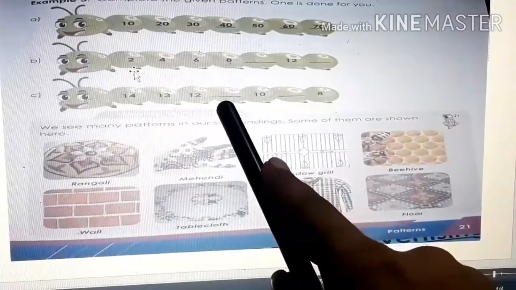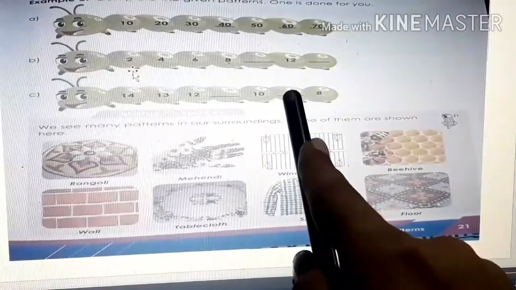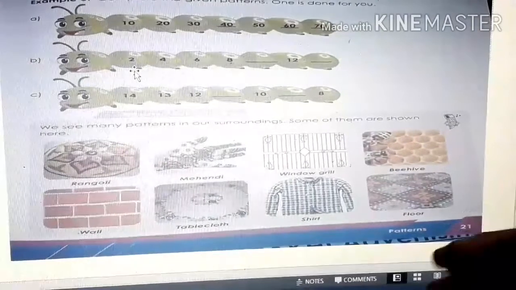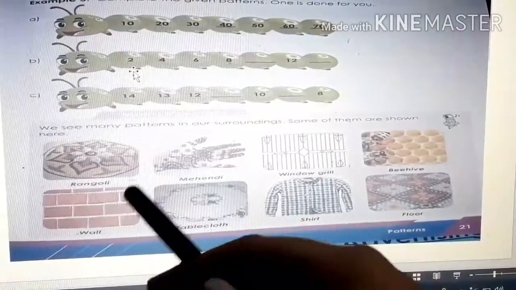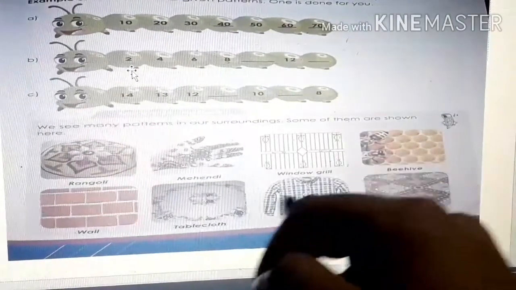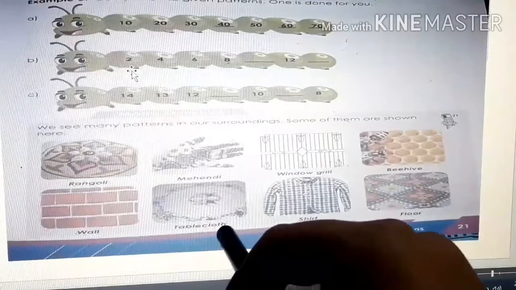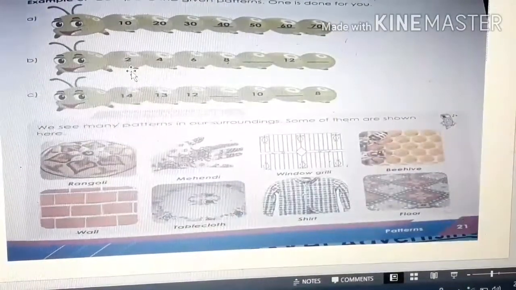So in the first blank you write 11 and in the second you write 9. Okay children? So these are also some of the patterns. Also you can see patterns in rangoli, mehendi, window grill, beehive, wall, tablecloth, shirt, floor. These are also some of the patterns you can see.